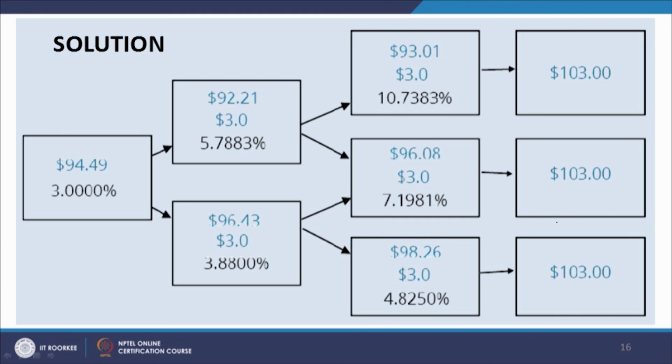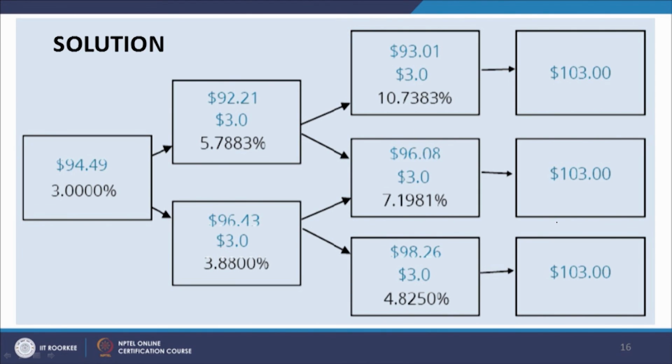So, at t equal to 1 the rates could either jump up from 3% to 5.788% or jump to 3.8800%, each with probability 1 by 2. These are forward rates which hold from t equal to 1 to t equal to 2. Two possibilities, both of them equally likely.